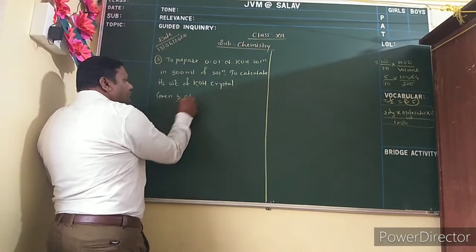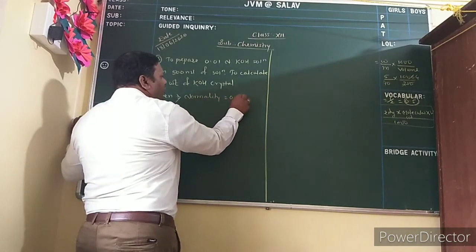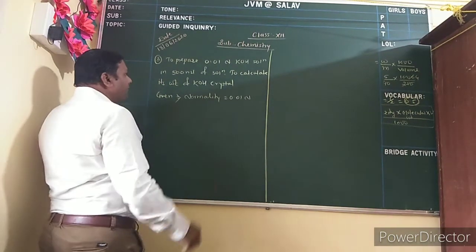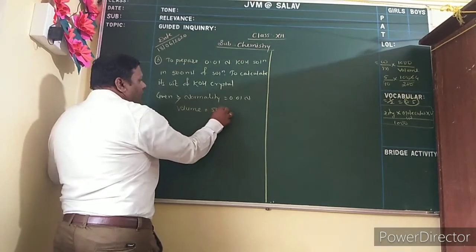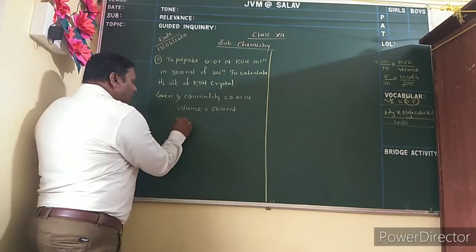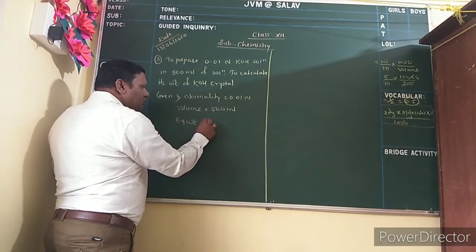Okay. So here the given quantities: normality, how much is it? 0.01. Then volume, it is 500 ml. Next, it is the equivalent weight of KOH.